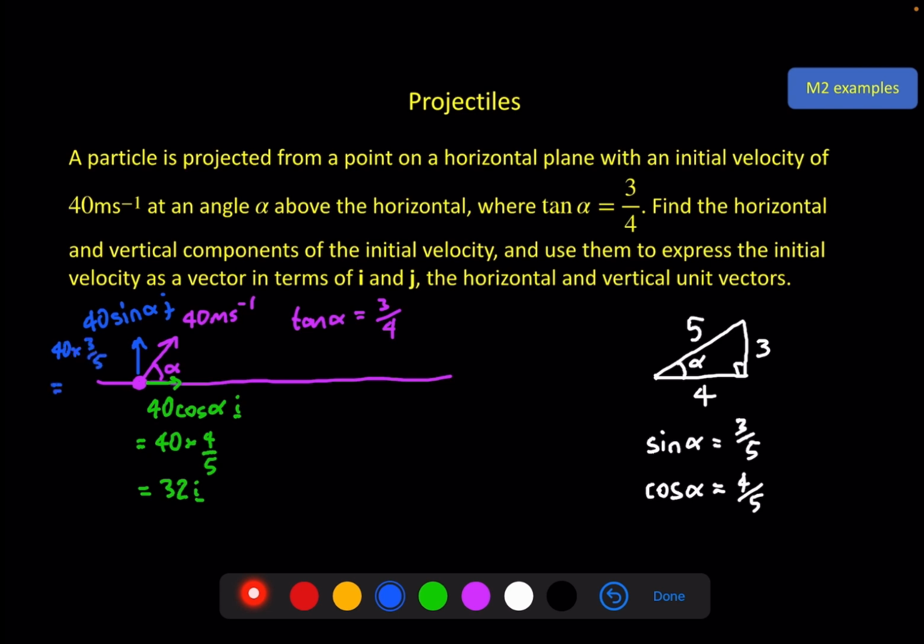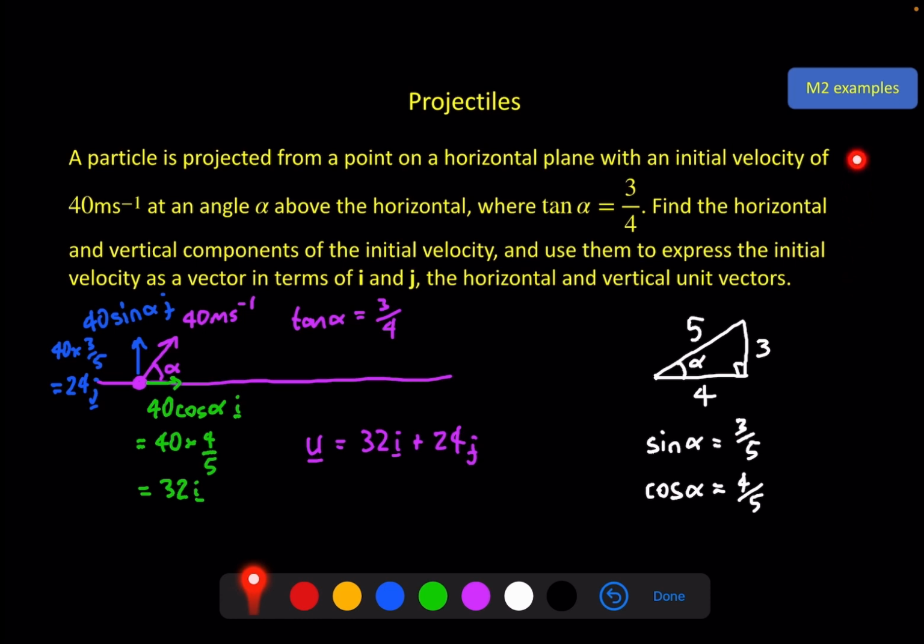And again, I end up with a really nice exact answer here, 24 for the j component. Now when I come to write my initial velocity as a vector, I can write u is equal to 32i plus 24j. I would emphasize here that my question didn't really require that of me.